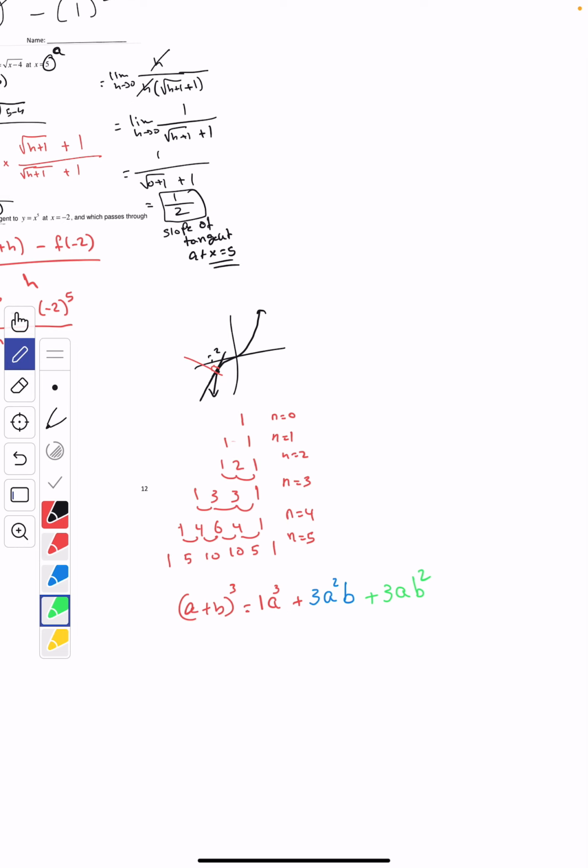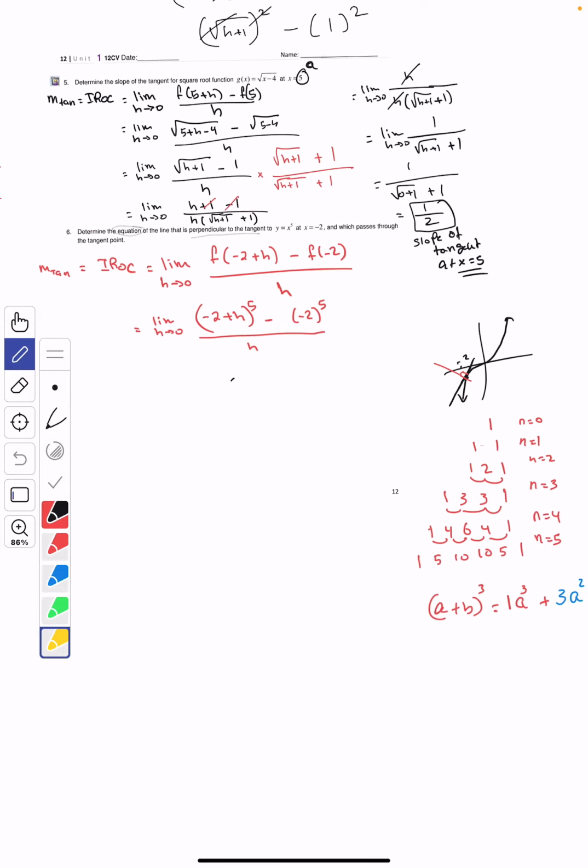For your last term, your coefficient is 1, so it's plus 1, and then a to the power of 0, which is just 1, and we have b to the power of 3. So you see that the exponent of the first term decreases while the exponent of the second term increases. All right, so this is an example if I have a plus b cubed.